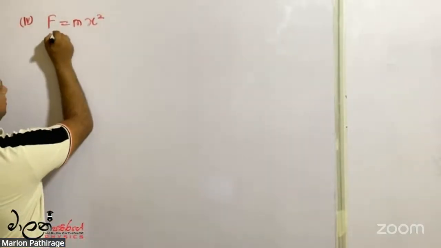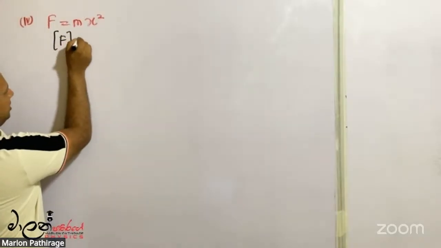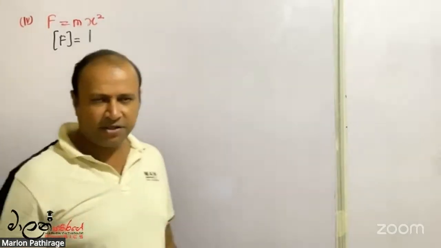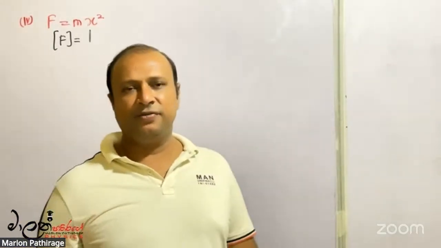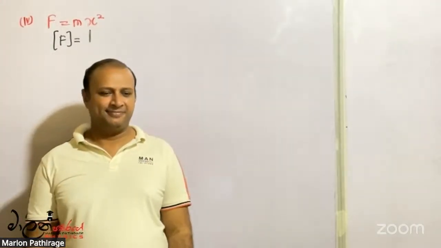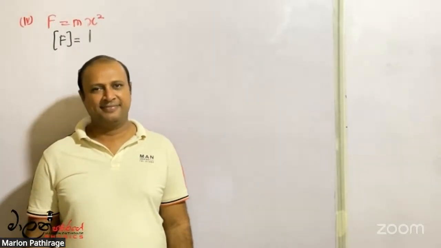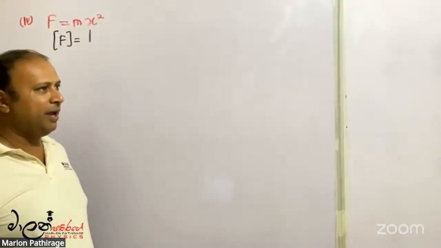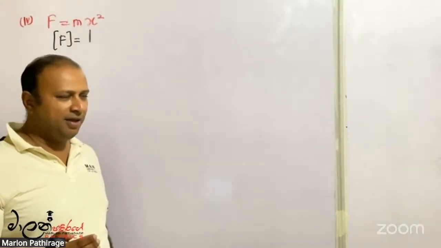Then the dimension of force. What is the dimension of force? I can write mass into acceleration and get the dimensions of that. But if you can remember it, it will be much better.